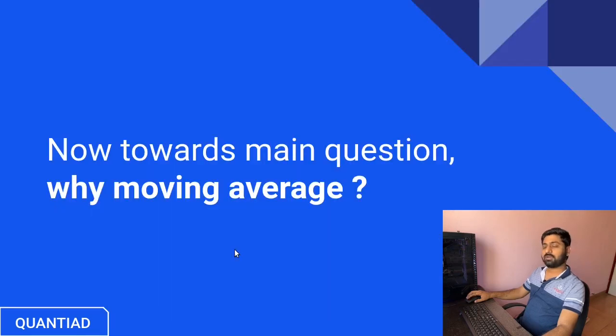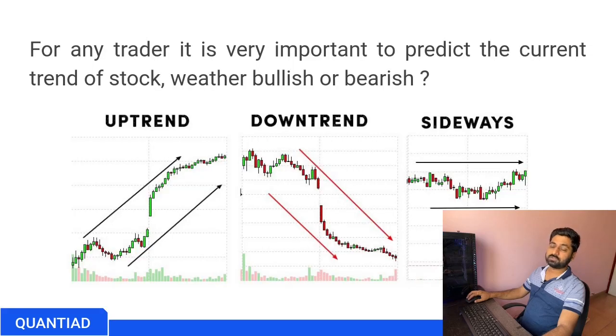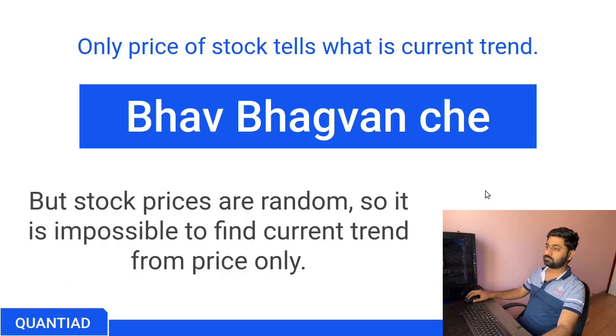Now coming to the main question, why use a moving average? For any trader, it is very important to find the trend of a stock, whether it is in an uptrend, downtrend or sideways, because based on the trend, a trader is going to take a trade. Only the stock price can tell you the current trend. We have heard the saying "bhav hi bhagwan hai".